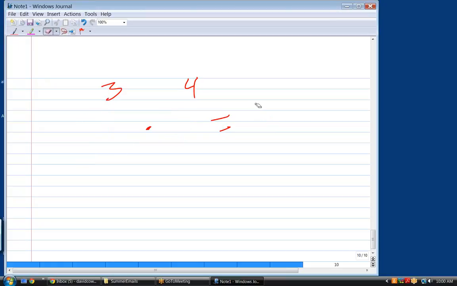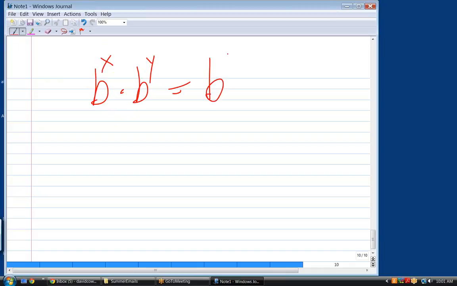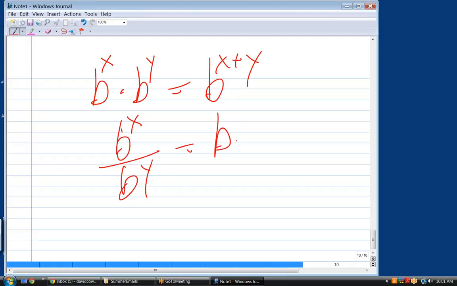Okay? So, that's very important. You have to have the same base in doing all of these. So we know that b to the x times b to the y equals b to the x plus y. And we know that b to the x divided by b to the y equals b to the x minus y.